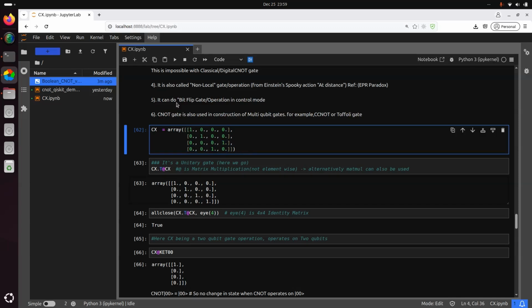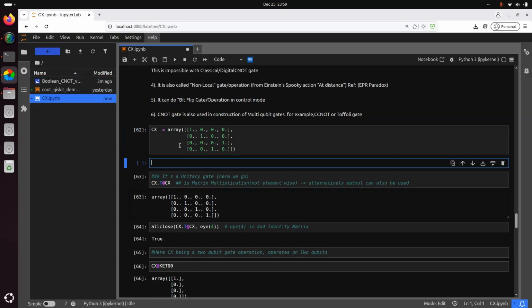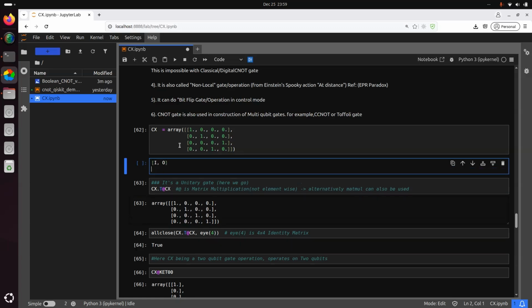So this can also be represented in this fashion. Assuming identity, this is I. This is a 0 matrix, and another 0 matrix, which is a 2 by 2 matrix itself.